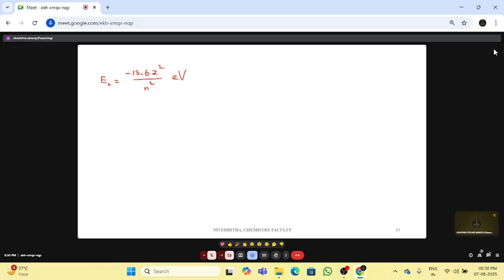Here n is the energy level in which the electron is present. Could you please tell me what this Z represents, Kana? Number of protons, or atomic number. Since Bohr is talking about only hydrogen, the atomic number of hydrogen is 1.